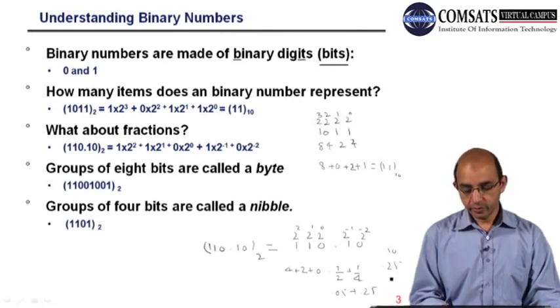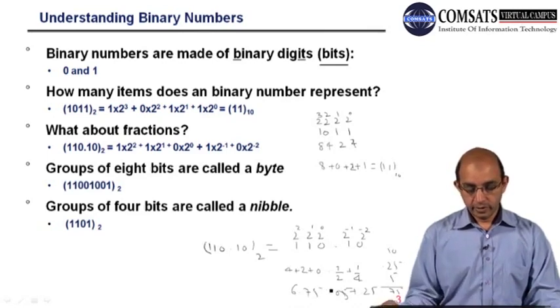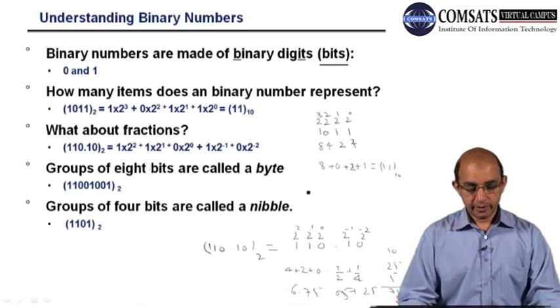So 0.5 and 0.25, so 6 and 0.75. So I will be having 6.75.